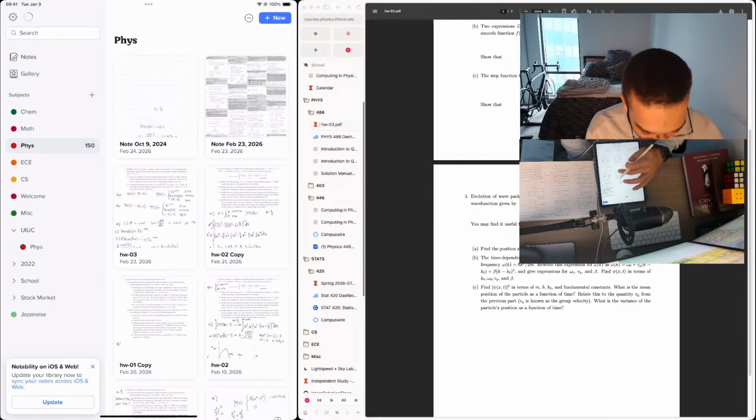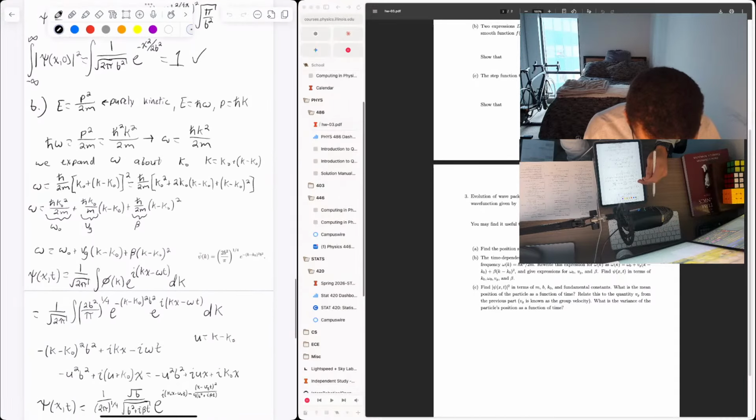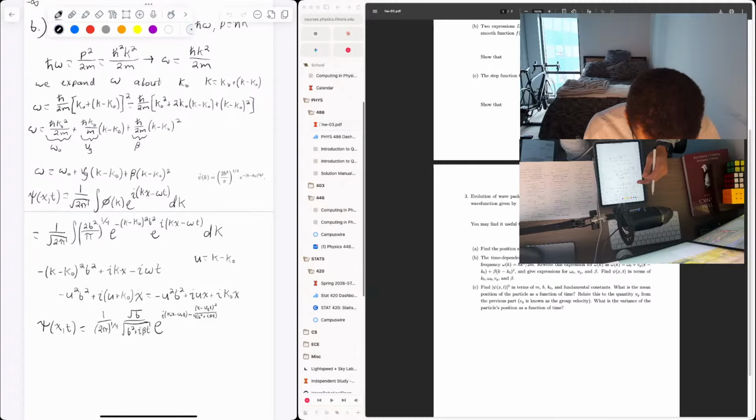Wait, okay, I actually did have a question for this part, though. I just write e to the minus, yeah. Why did I even solve this integral again? You literally just add this factor of, yeah, it's the same exact thing.